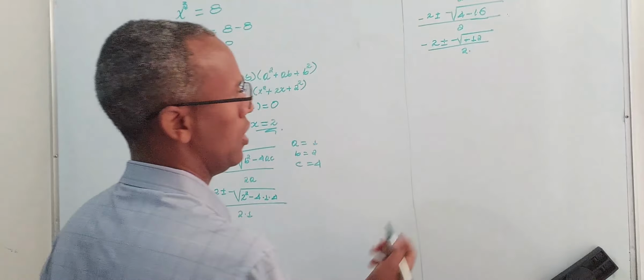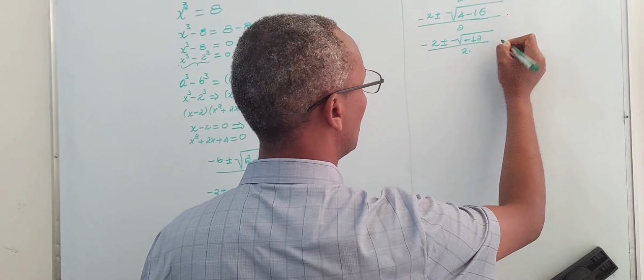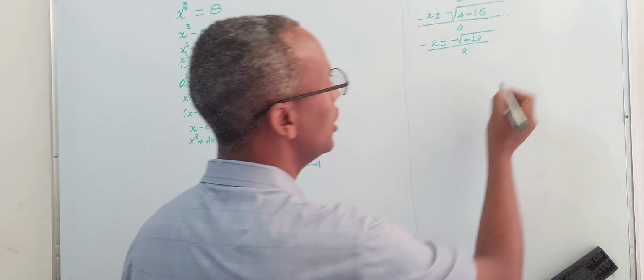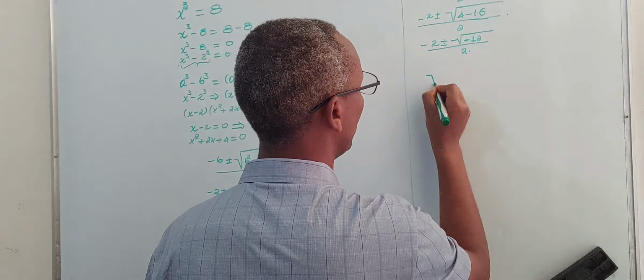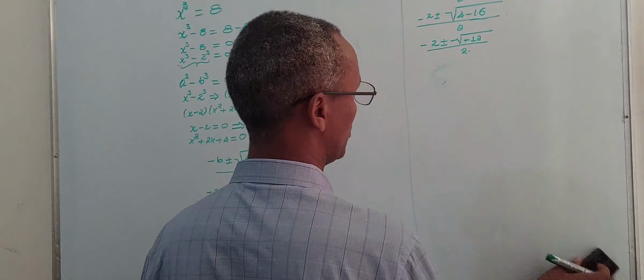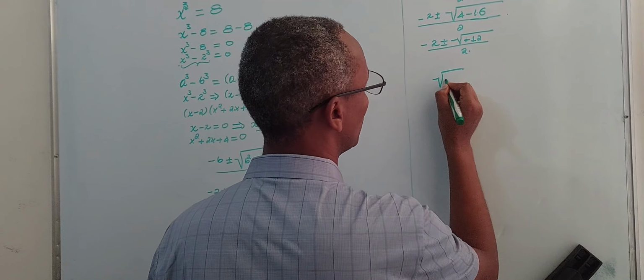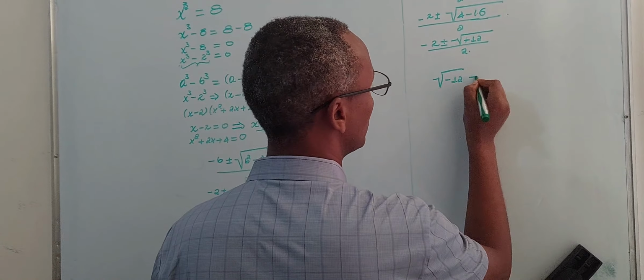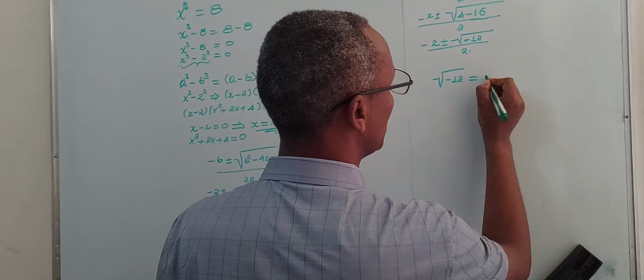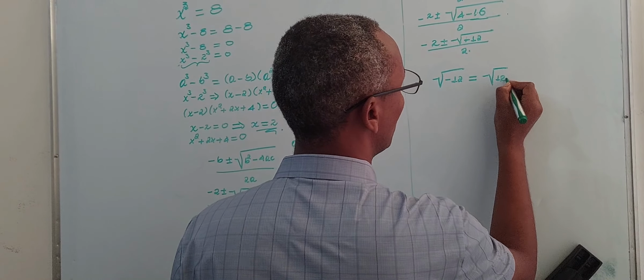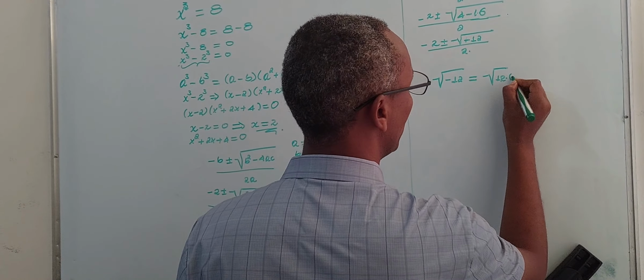I believe you are familiar with the modulus and the complex numbers. So basically the square root of minus 12 means what? It is equal to the square root of 12 multiplied with negative 1.